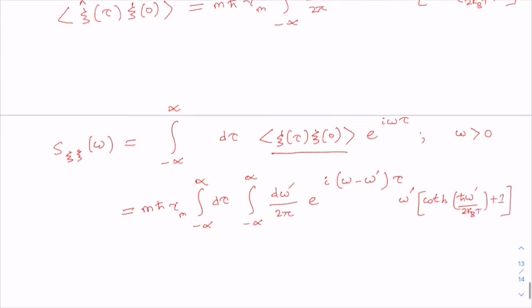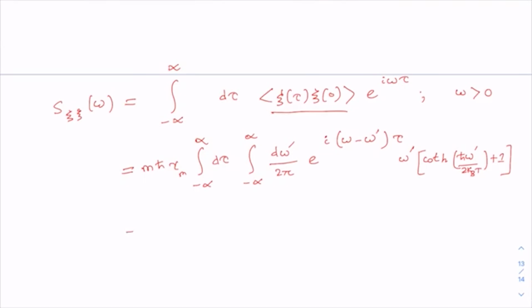Okay, this can be further simplified because you can recognize that what I have here is the Dirac delta function. Looking at this expression, I have a term like the integral from minus infinity to plus infinity of d tau, 1 by 2 pi, e to the power minus i (omega minus omega dash) tau. This is nothing but the Dirac delta function, delta of omega minus omega dash, so I can utilize it.